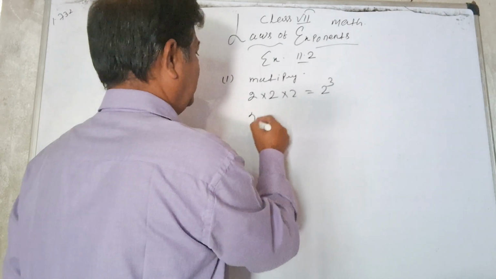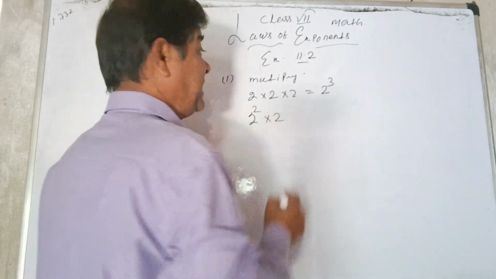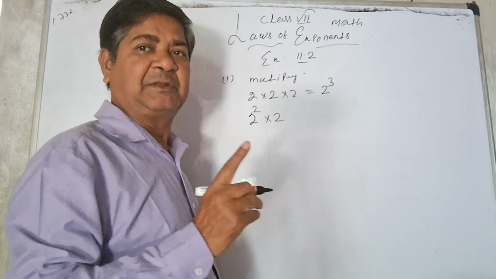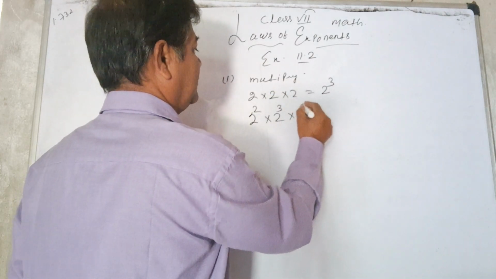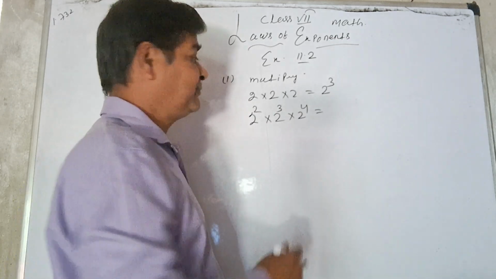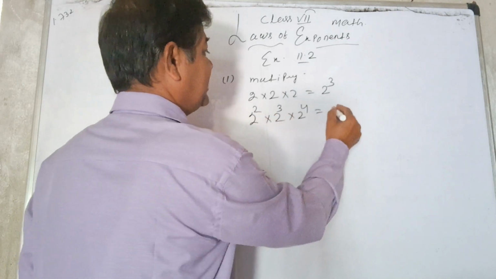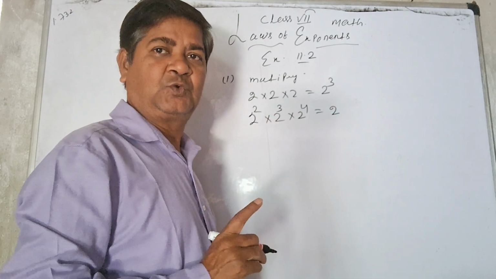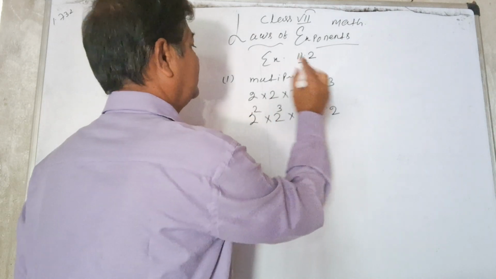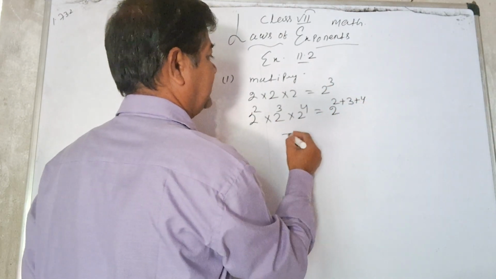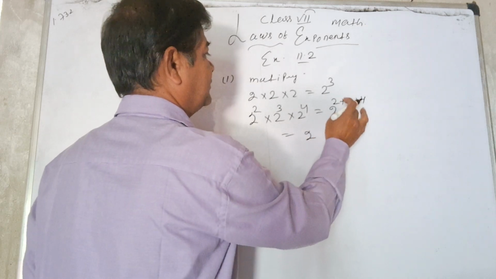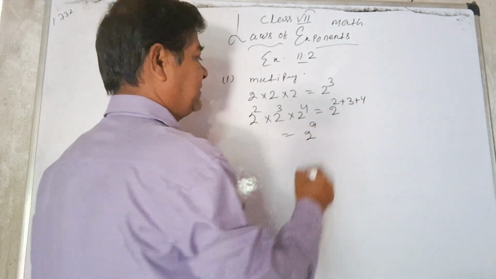But if we have 2 squared into 2 to the power 3 into 2 to the power 4, what will be the answer? The base remains unchanged, base 2 remains, and the powers will add: 2 plus 3 plus 4. That equals 2 to the power 9.